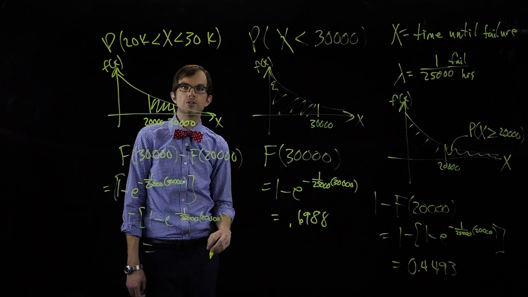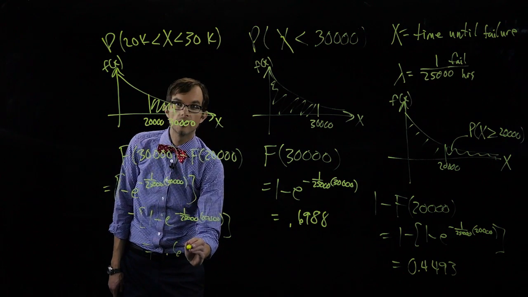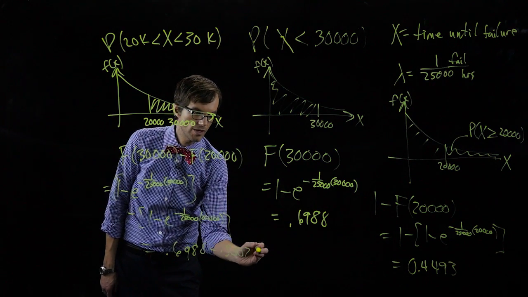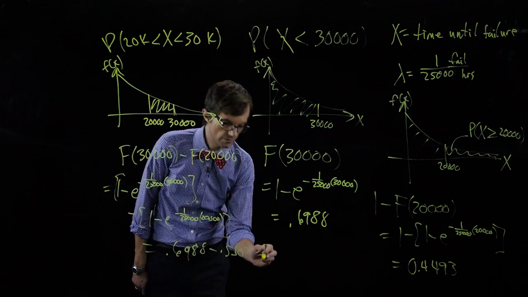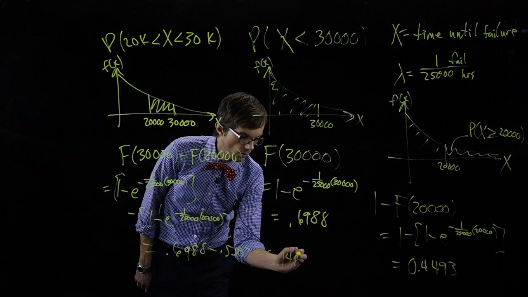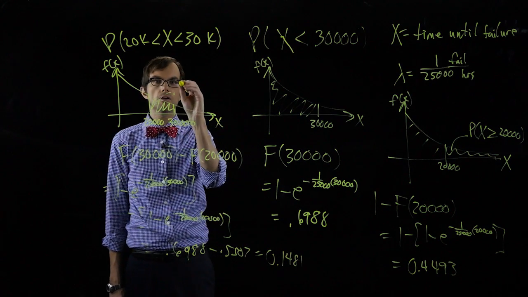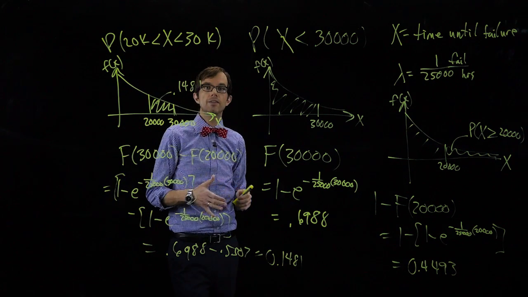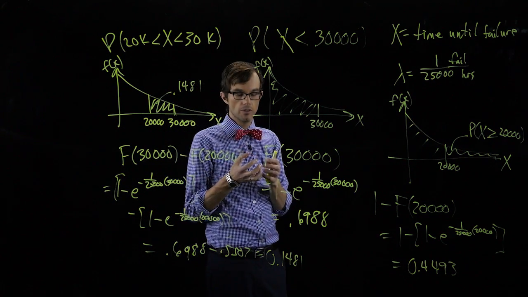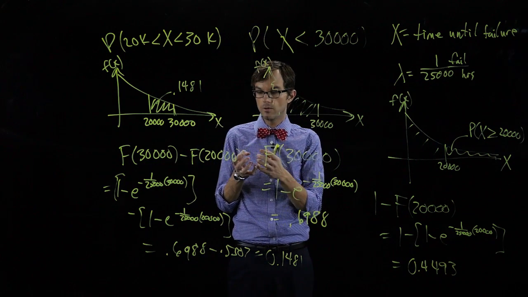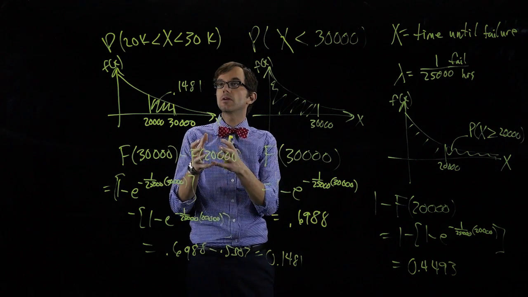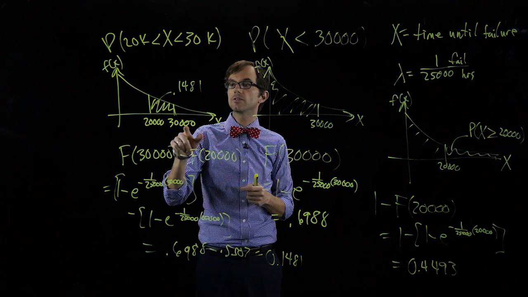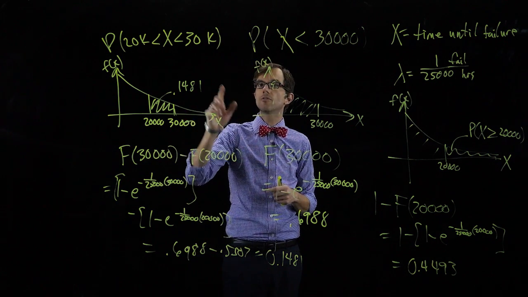If we do that, we should get 0.6988 minus 0.5507. That probability is 0.1481. So what's the probability that a randomly chosen fan will last between 20,000 and 30,000 hours? 0.1481.